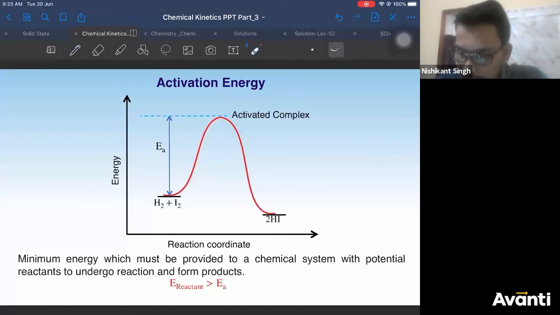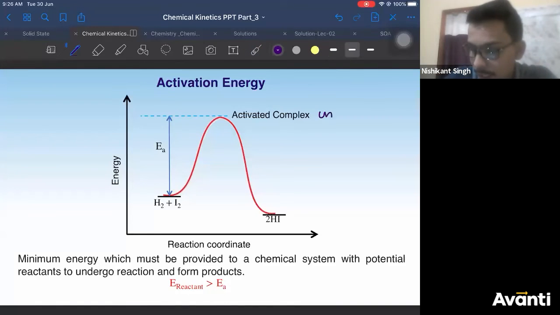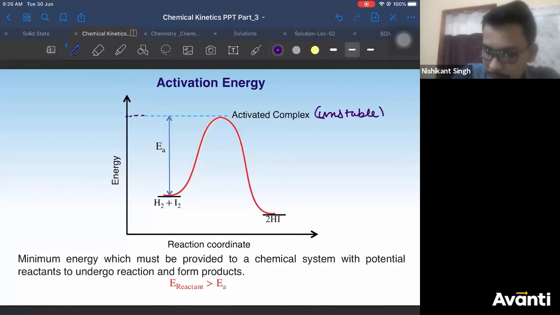So since the activated complexes are highly unstable, their energy will be very high. Right? Stable species have less energy and unstable species have high energy. So since the activated complexes are unstable, therefore their energy is very high. Let's say they lie somewhere here.